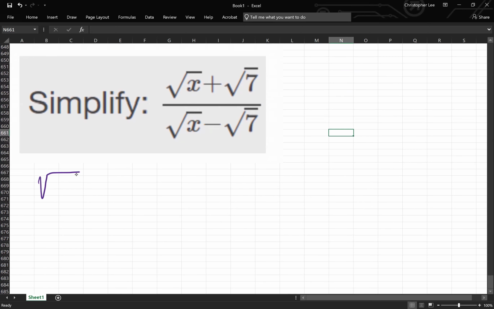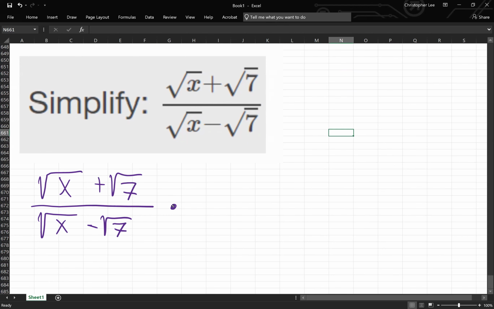Let me rewrite this. Over, right? Now, believe it or not, the numerator is cool. Like I'm chilling with my numerator, but that denominator, I got two radicals in my denominator. I got to get rid of them.